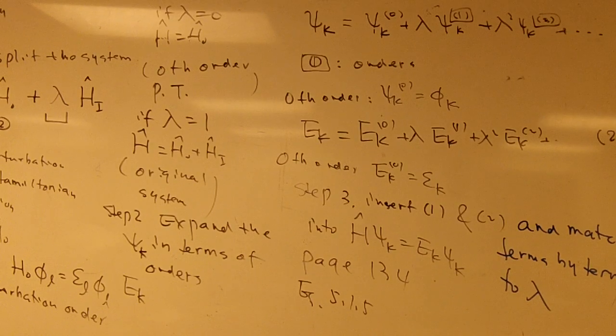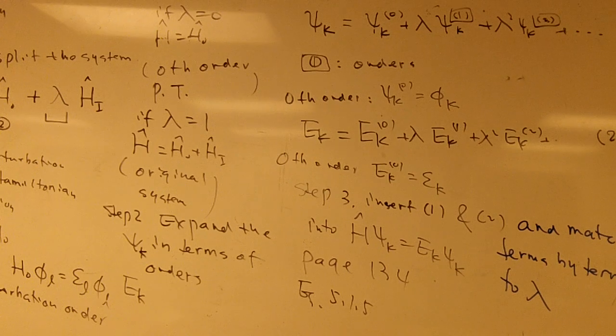Open quantity H-hat naught plus lambda H-hat I closed quantity times open quantity psi_k to the zeroth order plus lambda psi_k to the first order plus lambda squared psi_k to the second order plus etc. closed quantity equals open quantity E_k to the zeroth order plus lambda E_k to the first order plus lambda squared E_k to the second order plus etc. closed quantity open quantity psi_k to the zeroth order plus lambda psi_k to the first order plus lambda squared psi_k to the second order plus etc. closed quantity.